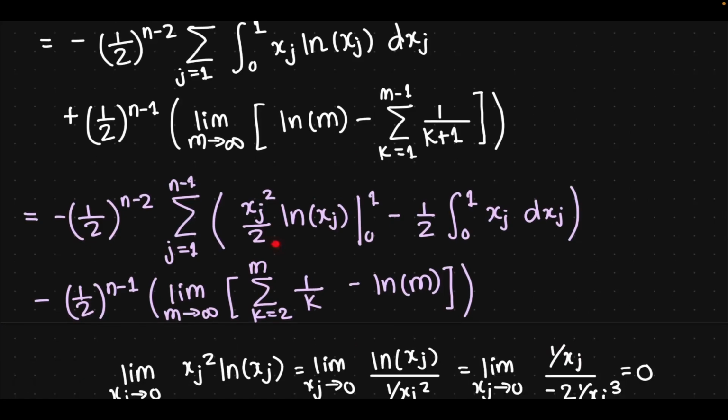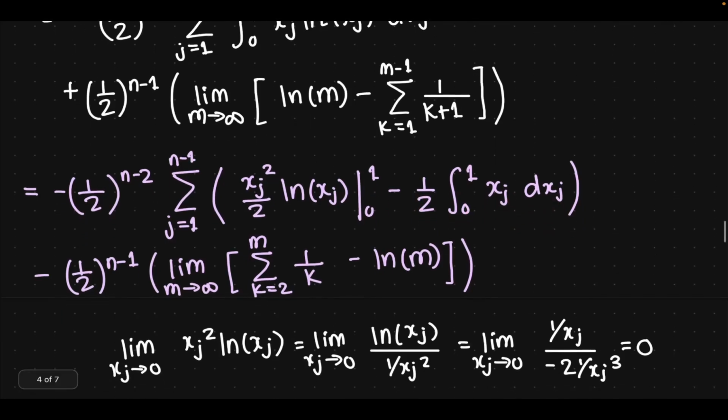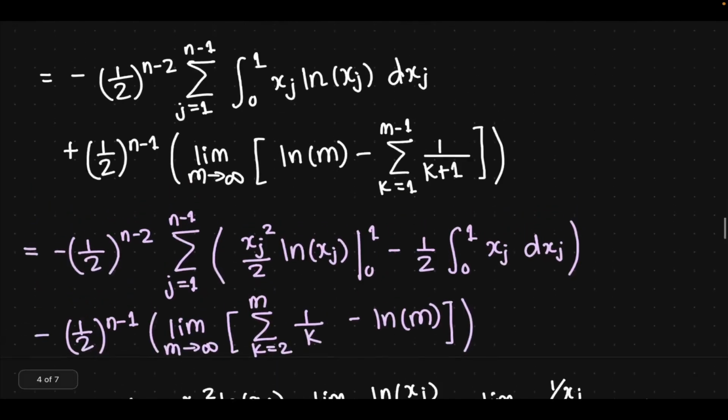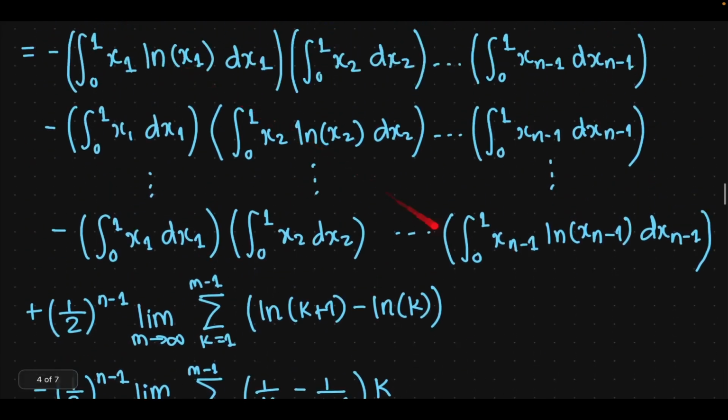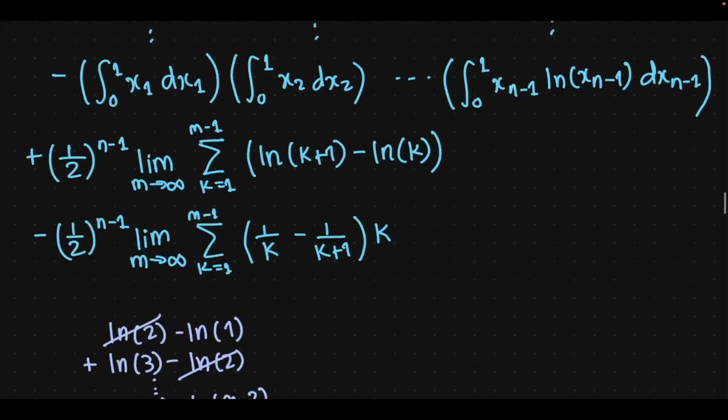Now let's just evaluate the first integral in white by integration by parts. So I'm integrating over the x variable and differentiating over the natural log. So xj squared over 2 ln xj from 0 to 1 minus 1/2 integral 0 to 1 xj dxj, all from j equals 1 to n minus 1, because there are n minus 1 of them, as we saw in this blue write-up.